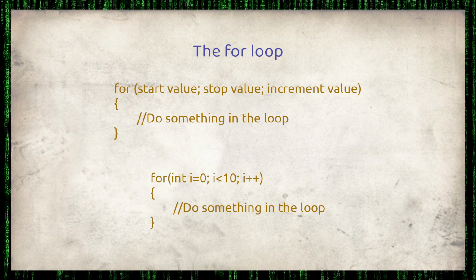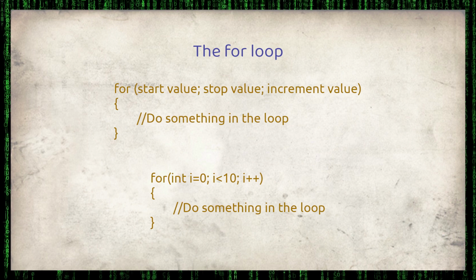So what it's basically saying is the first time this loop gets called, when it starts running, the first thing it's going to do is set i to 0. Then it's going to check, is i still less than 10? Yes, it is, so we can continue with the loop. And then once it's gone through that loop, it's going to increment i by 1. So i is now no longer 0 but 1.